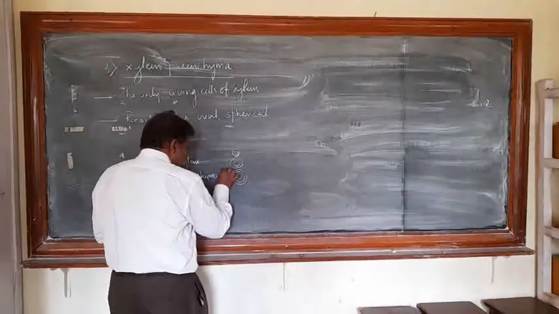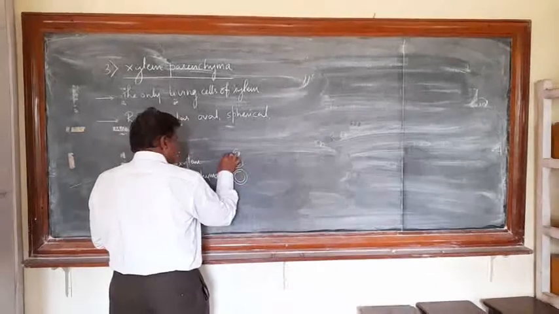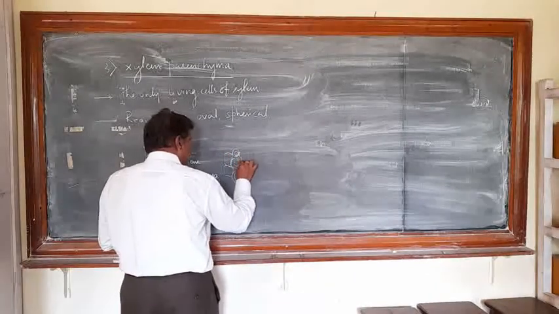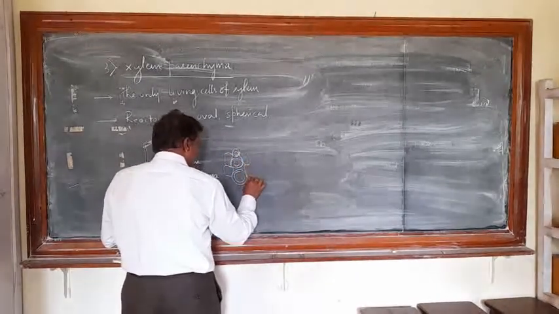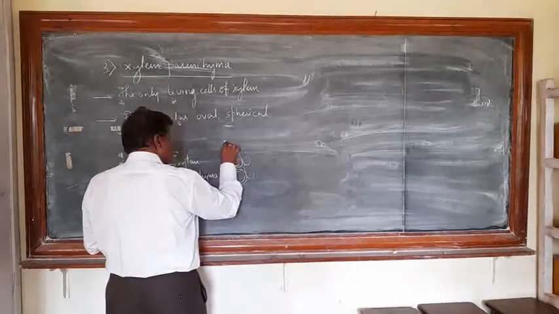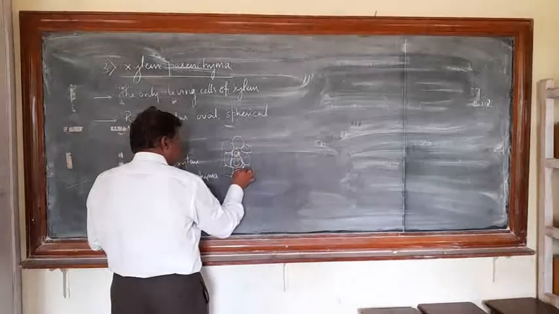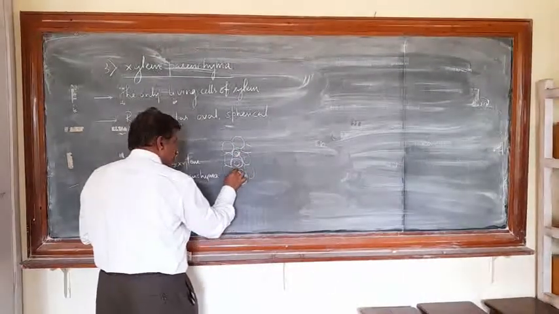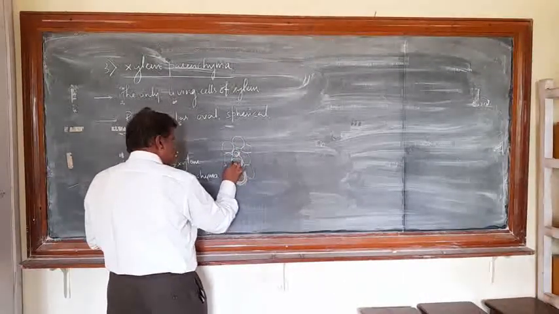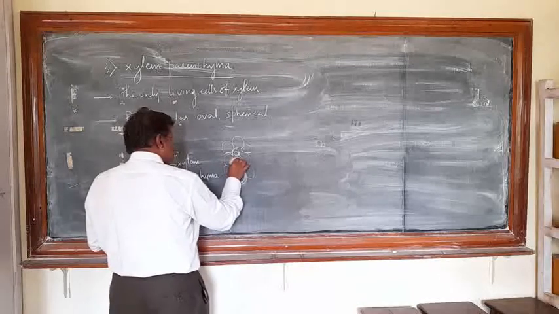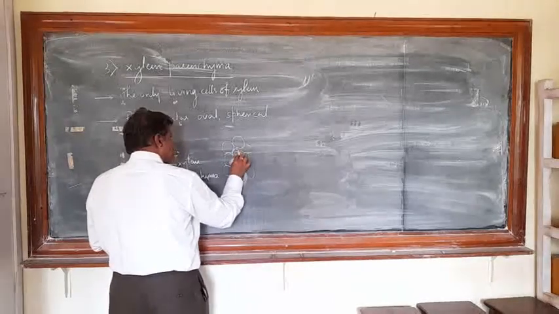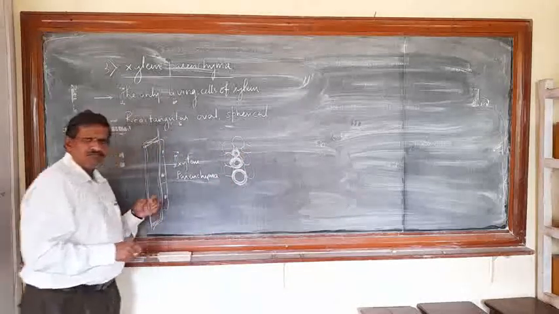Associated with these xylem vessels, you will find thin walled parenchyma cells. They may be oval, sometimes spherical. They differ in their shape. Various kinds of shapes can be observed in the xylem parenchyma.